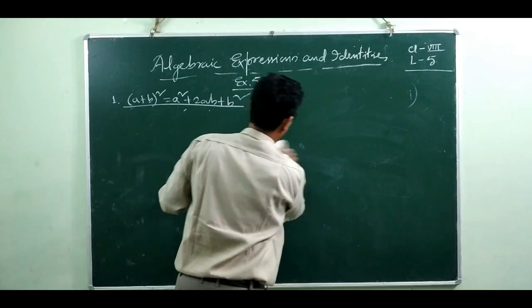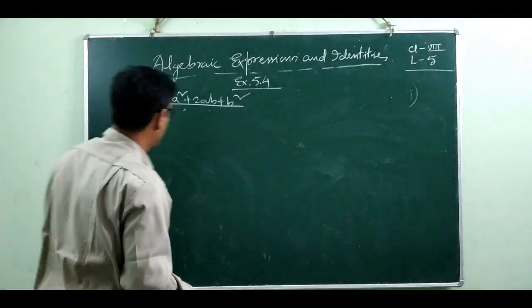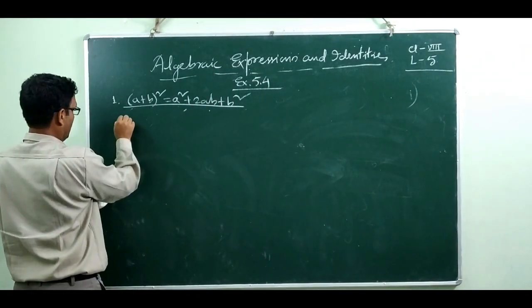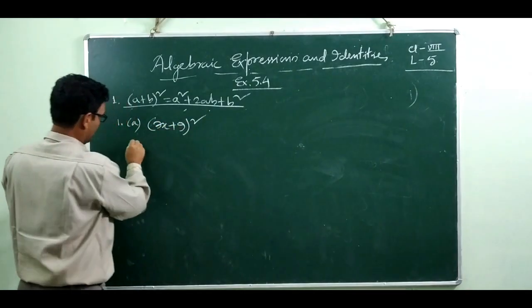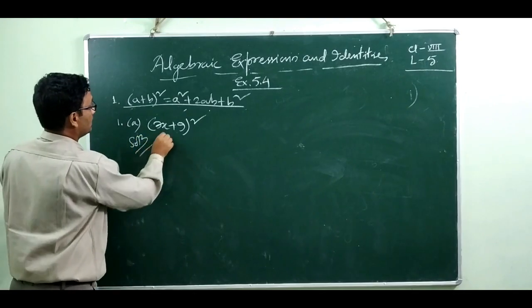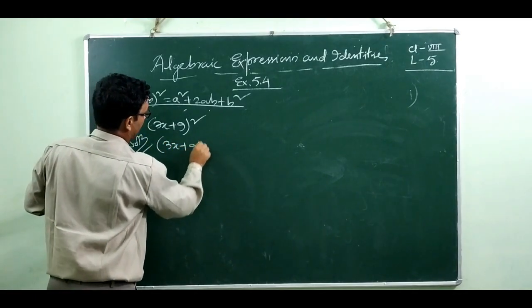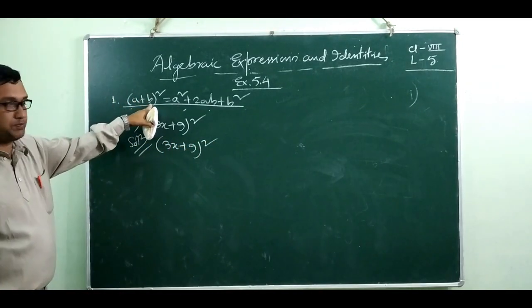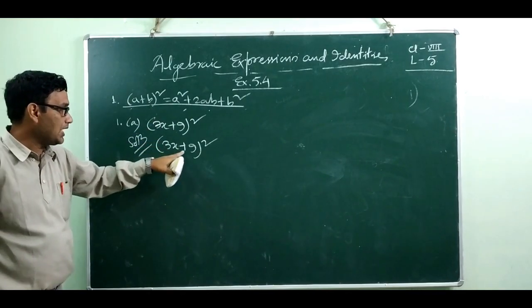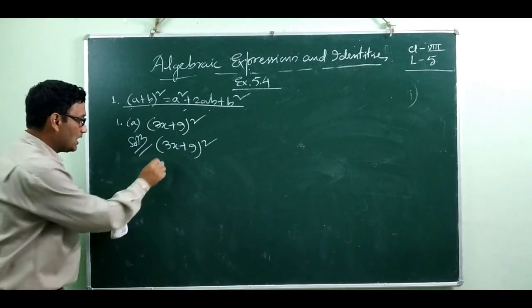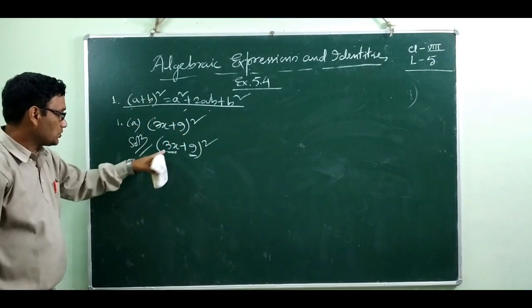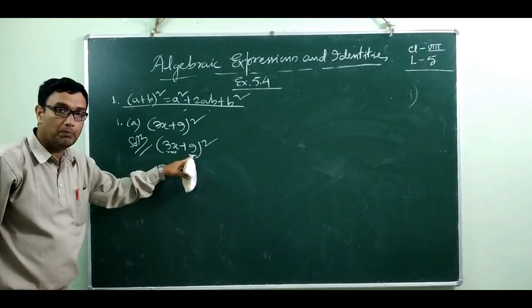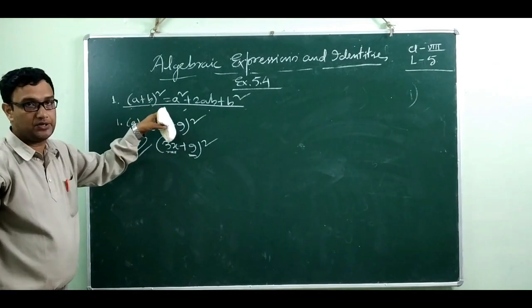In your question it is given, first question 1a, (3x plus 9). Solution: (3x plus 9). Now here (a plus b) whole square. Here (3x plus 9) whole square, we will consider this is your a and this is your b. So 3x is your a and 9 is your b. And here it is plus, that's why we will use the first identity here.